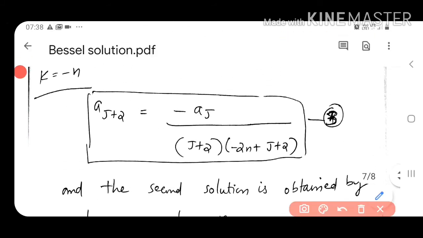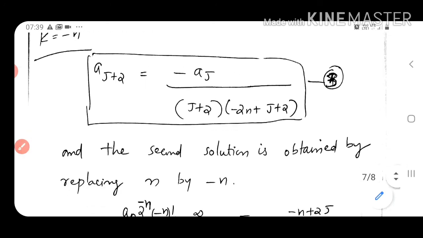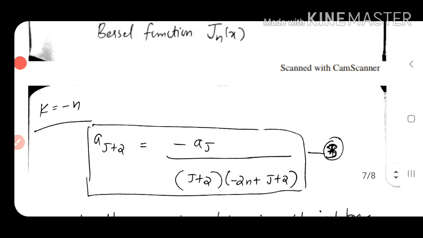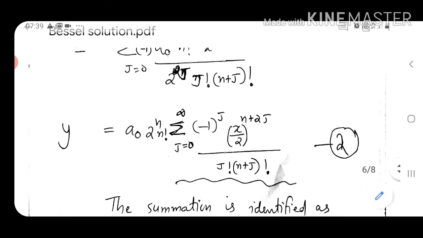And when we put k equal to minus n, the recurrence relation that we are going to get is this. Here you will have minus 2n. This is the same as the previous recurrence relation. The only thing is here we have minus 2n. And the second solution is obtained by replacing n by minus n.